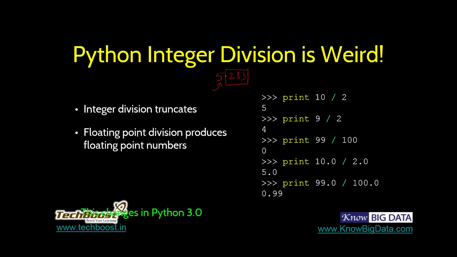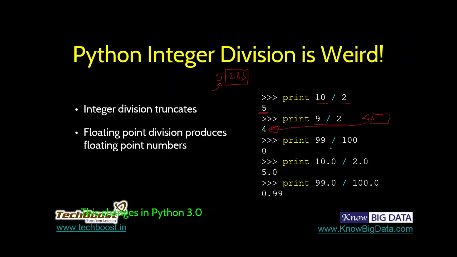Floating point division produces floating point numbers, and here is the example. Integer division by integer, since there is no remainder, gives the exact output as expected. Now let's see here, 9 divided by 2 is not exactly 4, it is 4 and the decimal values. But what happens is the decimal value is truncated and the integer value is the output.